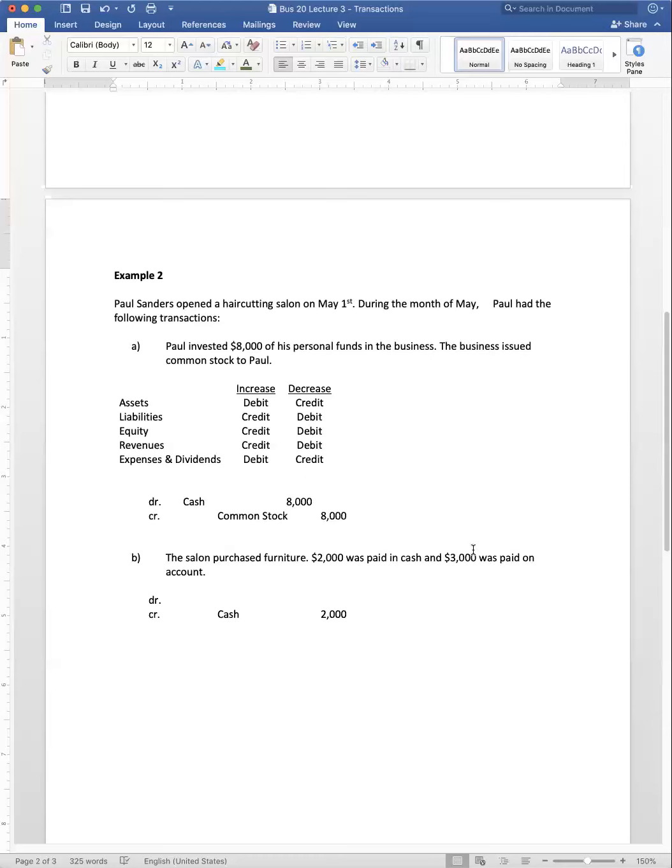All right, now $3,000 was paid on account. All right, what does that mean? Well, account probably means accounts payable or accounts receivable. It means that they didn't pay cash right away. All right, now in this case, we're talking about a payment. This is going to be debt for the company because the company will have to pay this money later. So that means it's going to be accounts payable, right?